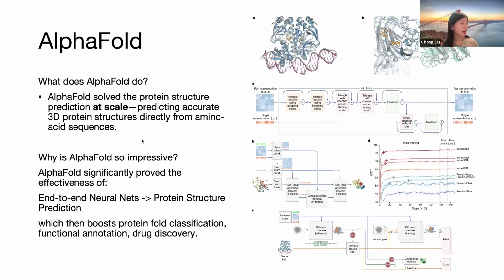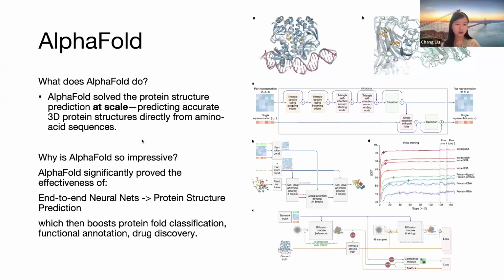So you may ask why AlphaFold was so impressive: because it predicts highly accurate 3D protein structures, it effectively solves a over 50-year challenge in biology, and it enables the possibility to accurately predict protein structure at a very large scale.